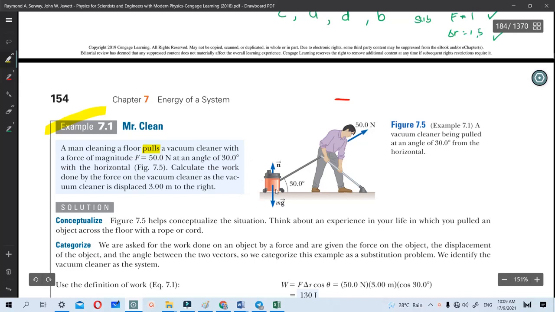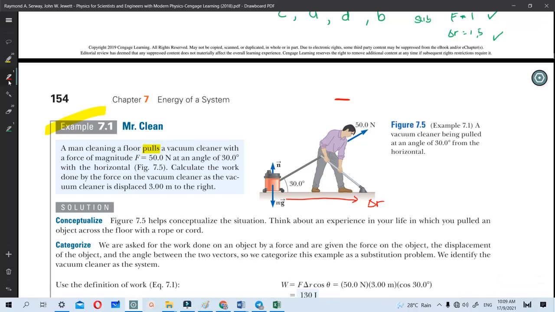So how about normal force and weight? Common sense tells us that displacement is occurring parallel to the surface. So this is where R occurred.